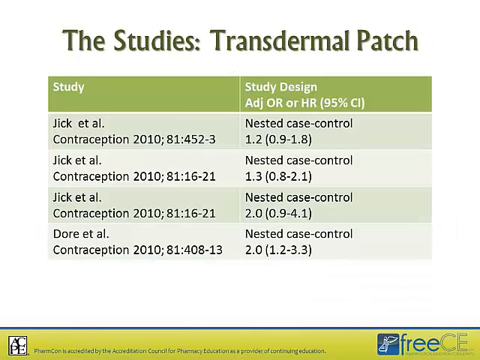Now, just to be complete, I want to just briefly show you that there are also studies looking at the risk of VTE with the transdermal patch and comparing it to other low-dose alternatives. In this summary, you can see that there have been essentially 4 trials done, 3 of which have not shown a statistically significantly increased risk, 1 which has, and that was about a 2-fold increased risk.